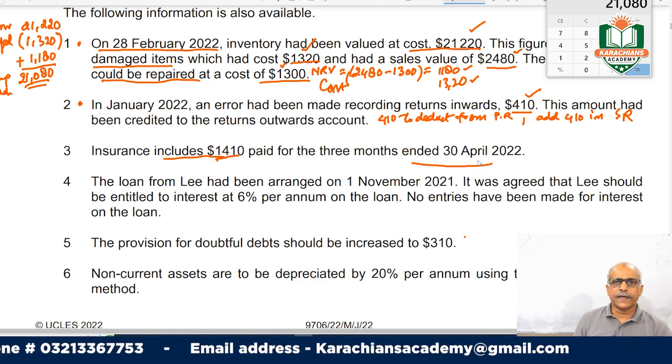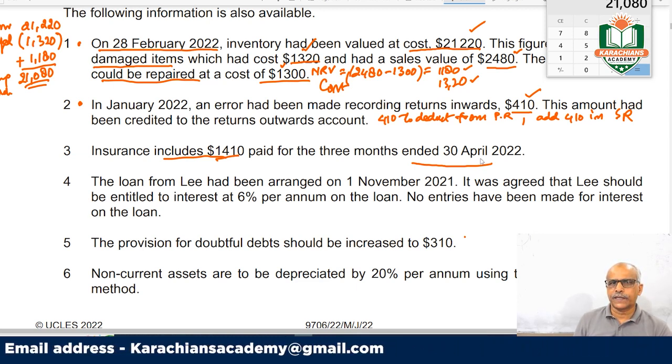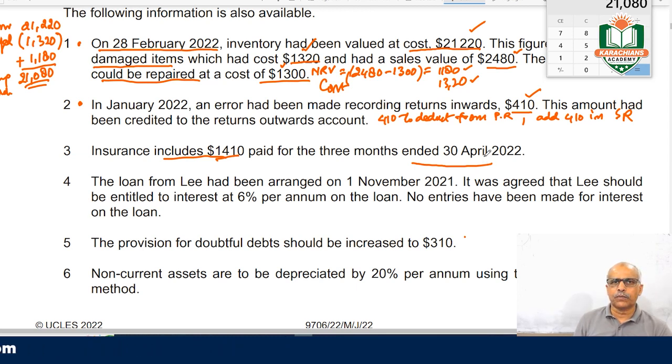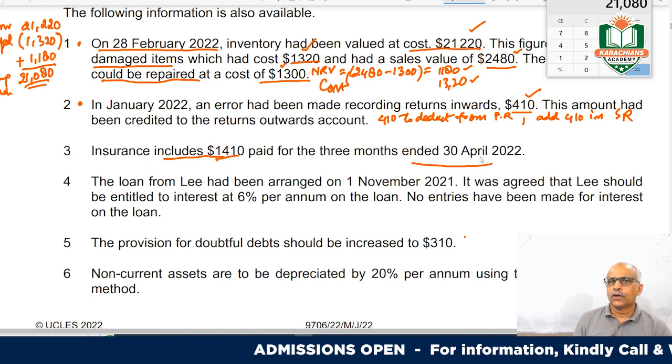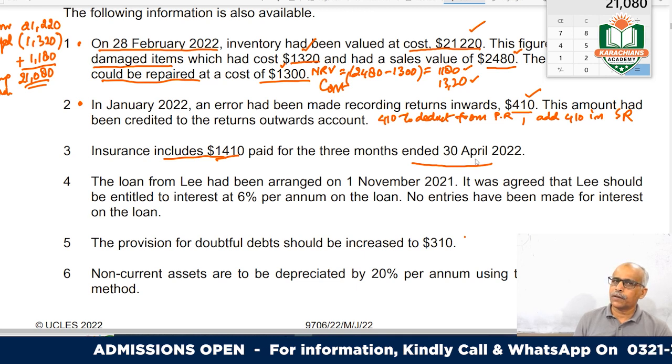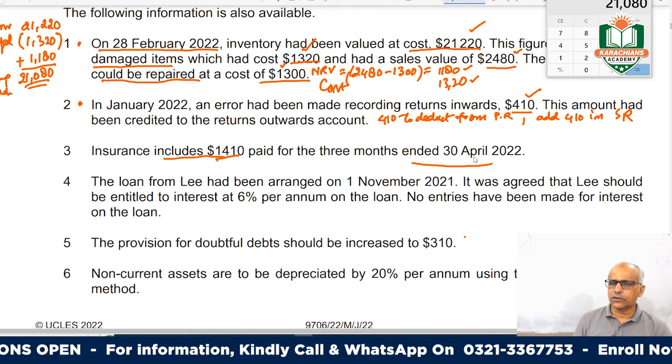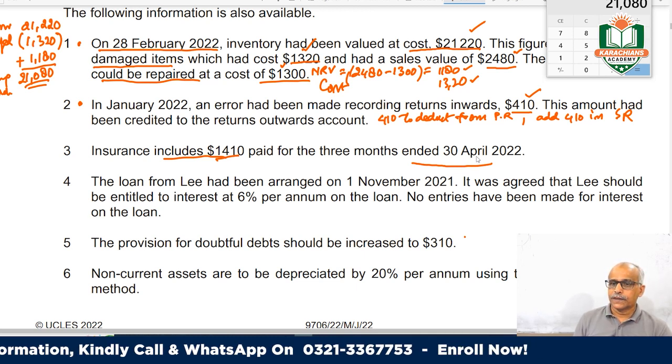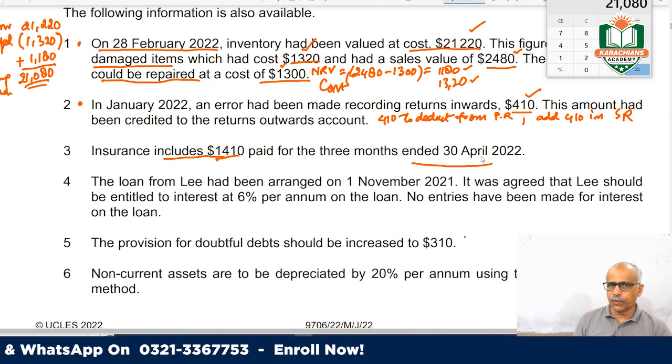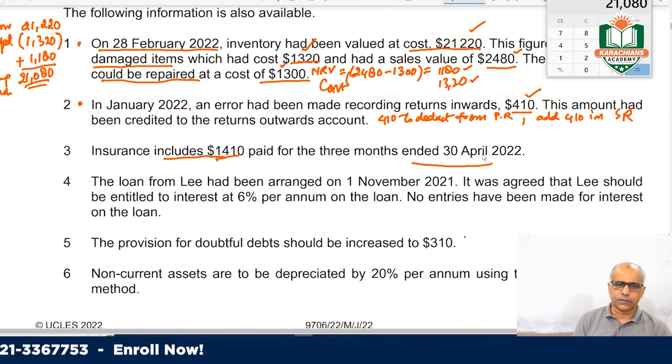And we are standing on 28th of February. So 30th of April means April, March, and February. This 1410 was paid for February, March, and April. February has passed, so this is your expense. But the 2 months, March and April, are not your expense. So that will be your prepaid insurance.